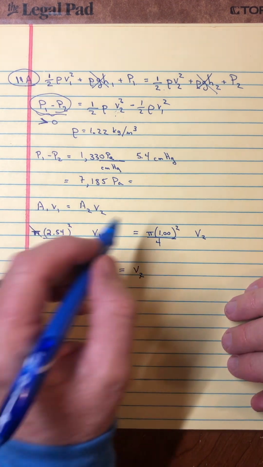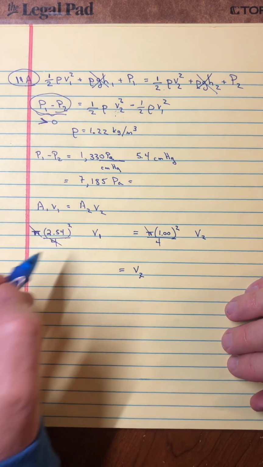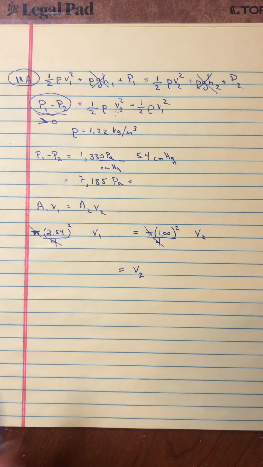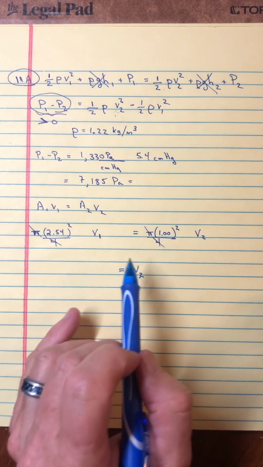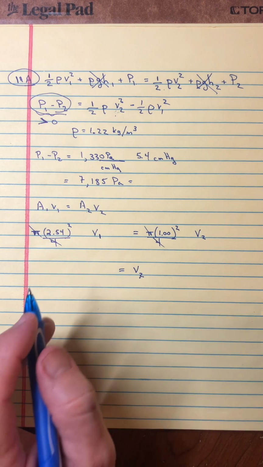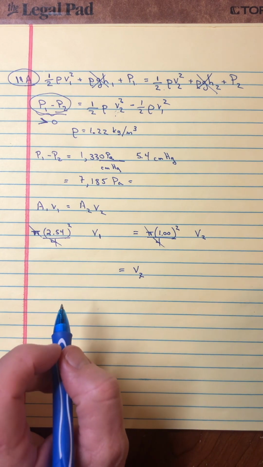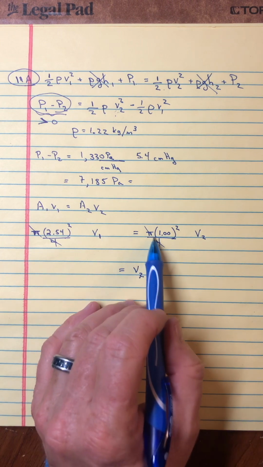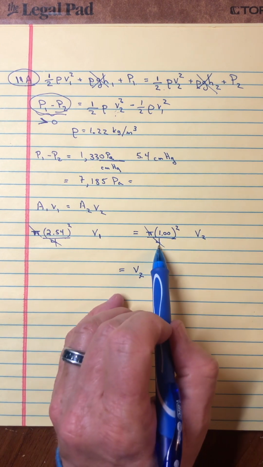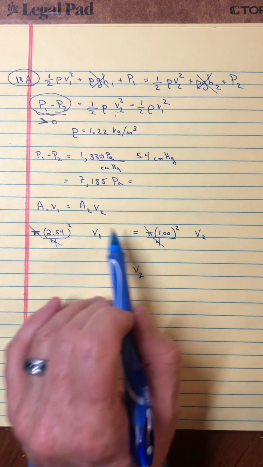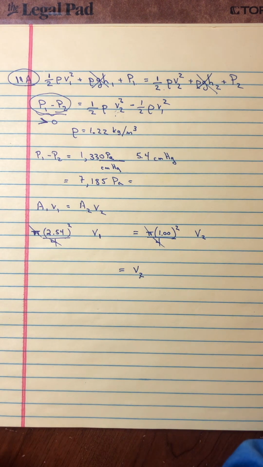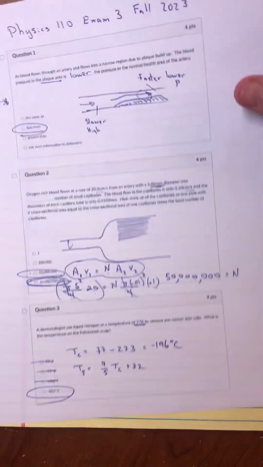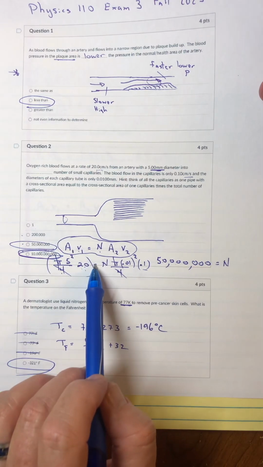And again, like we saw for number 2, it's really nice when we write things in terms of the diameter squared, because the 4's cancel on both sides and the pi's cancel on both sides. And again, we saw that on this hard one here on number 2.